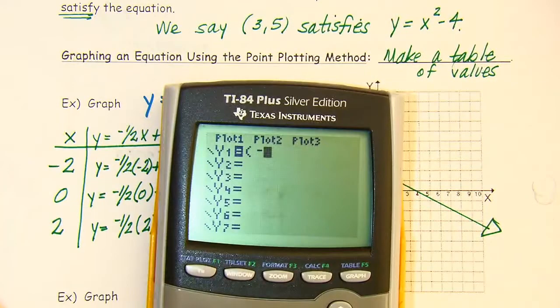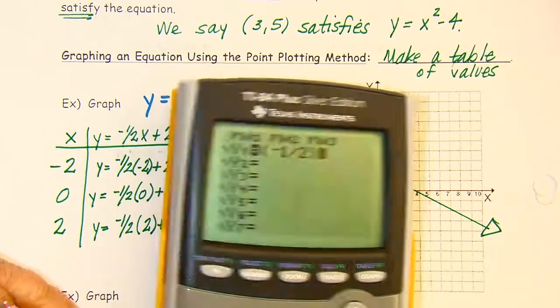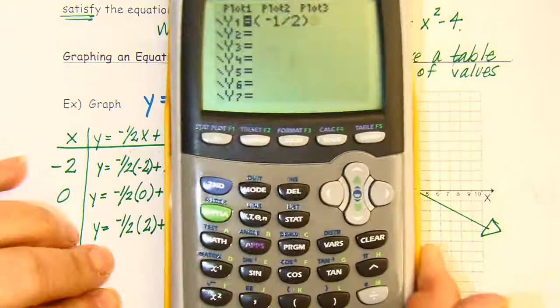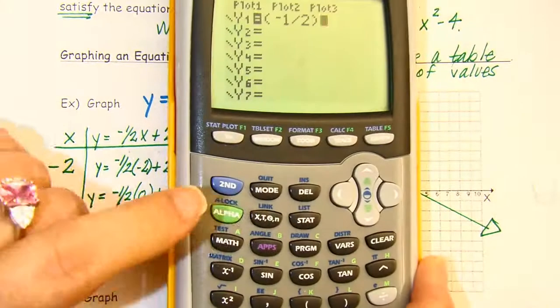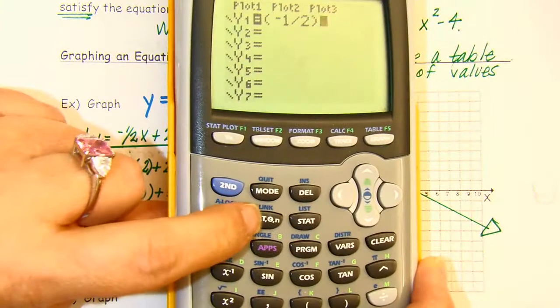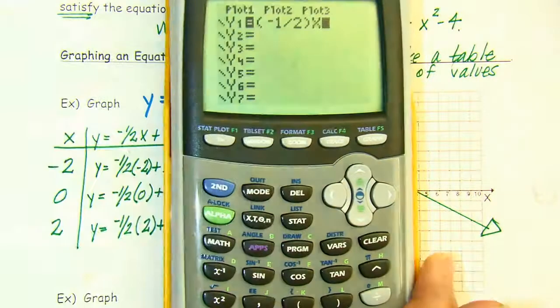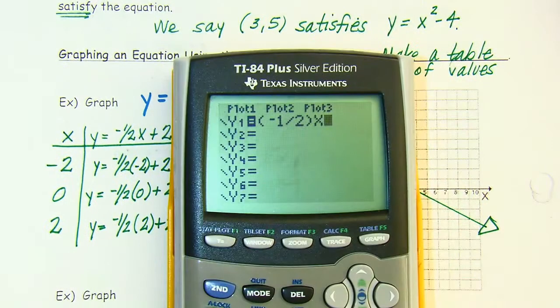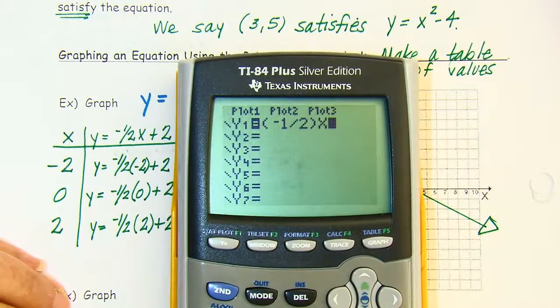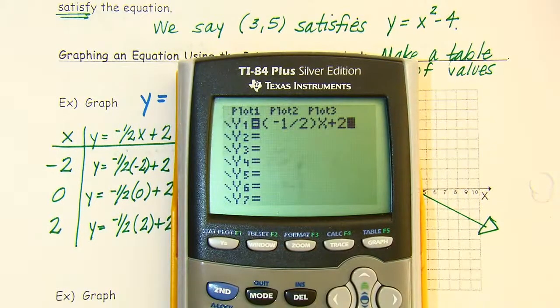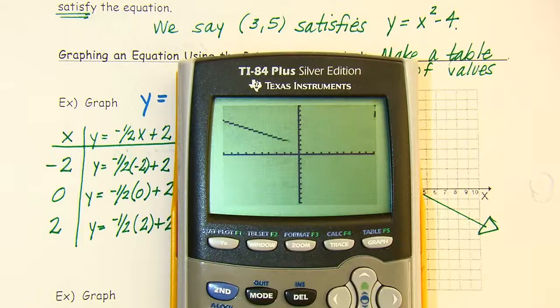And I'm going to do 1 divided by 2, because that's my slope, my negative 1/2. My x, if you haven't used this calculator before, x is right here underneath mode. Okay, I'm just going to hit that one time, and it substitutes the x right there for me. And I'm going to do plus 2. Okay, negative 1/2 x plus 2. And I'm going to hit graph. I want to look at it. Ooh, look at that.